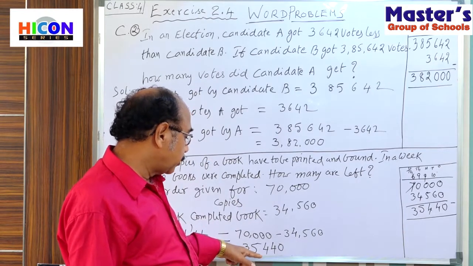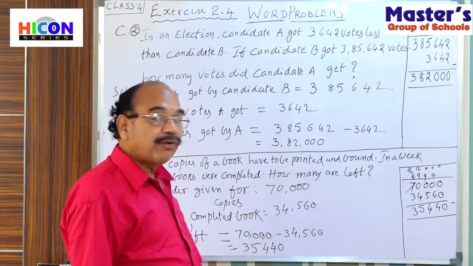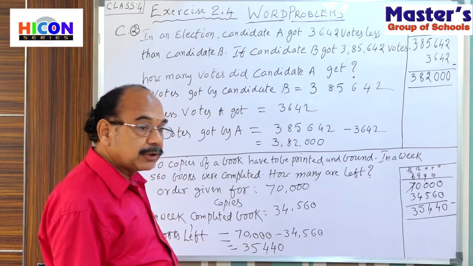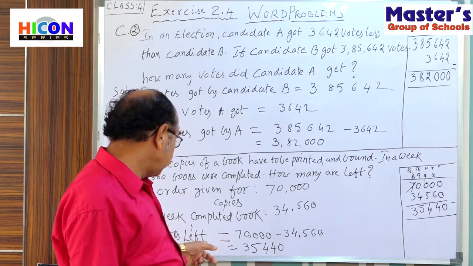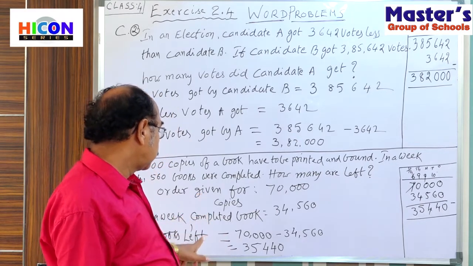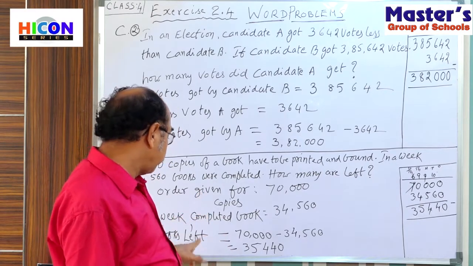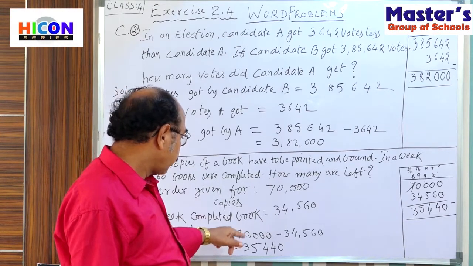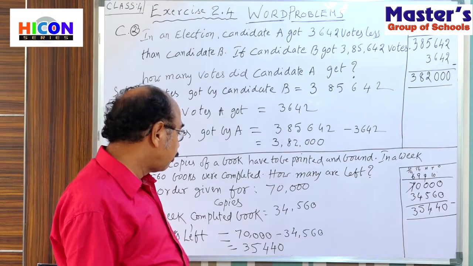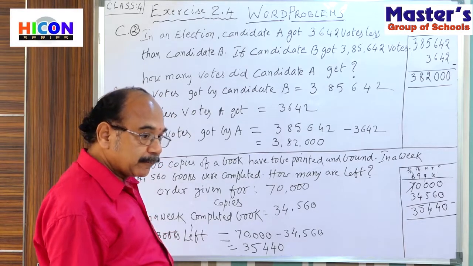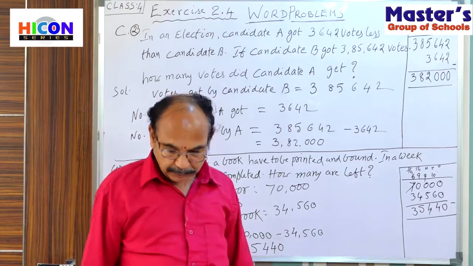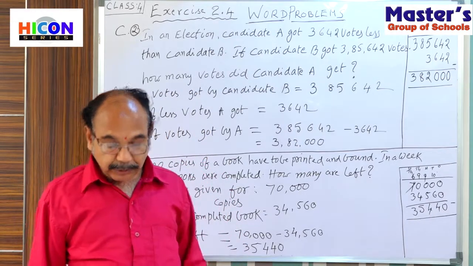After subtraction, how much did we get? 35,440. This many copies, the company still has to produce. Okay, like this we solve the word problem. Now we go to one more word sum.